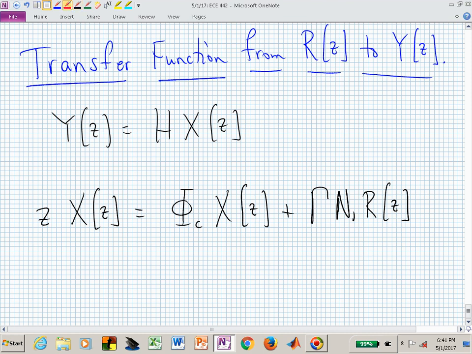We want to be able to factor out the capital X of z from all of these terms, so we can introduce an identity matrix between this scalar z and capital X of z. We haven't changed that at all if we put inside there an n by n identity matrix.